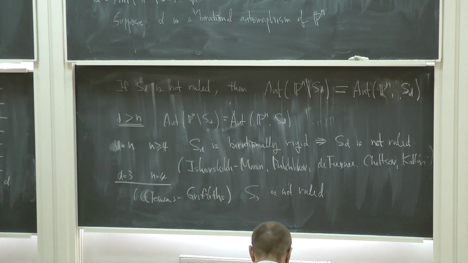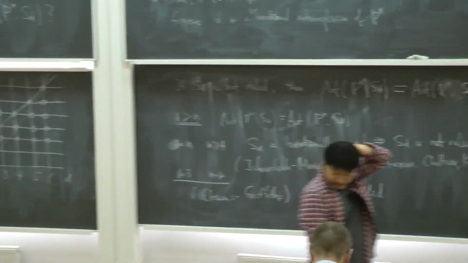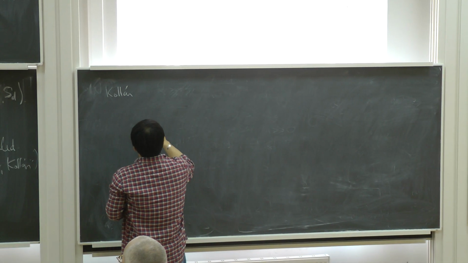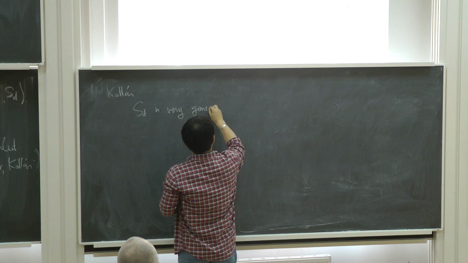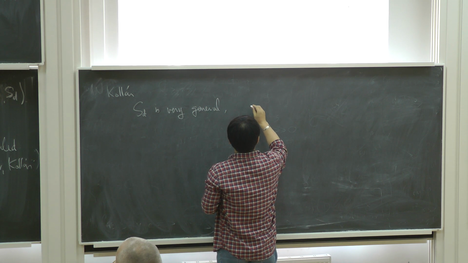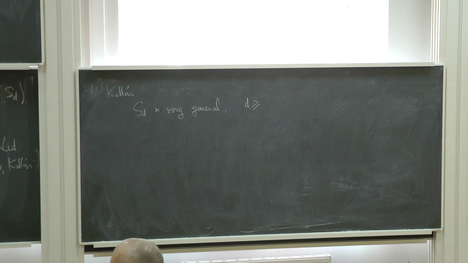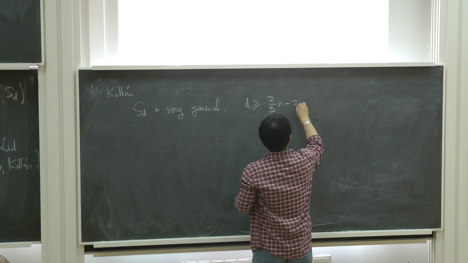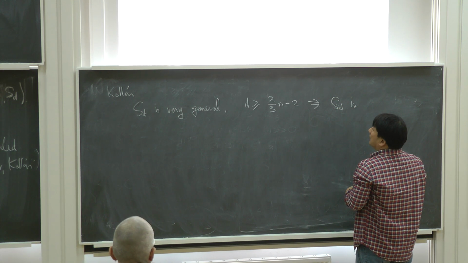Right. So we got this here. And also we have this theorem by Kollár. If S_D is very general, and if it satisfies this inequality, I think D is 3/2 n minus 2, then S_D is not ruled.